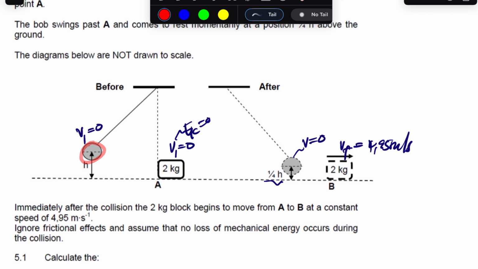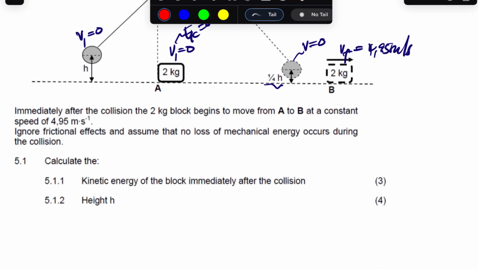As soon as the bulb hits it, the velocity and kinetic energy will increase. So the energy lost by the bulb through gravitational potential energy will be gained by the block through the kinetic energy. I'll show you that later.